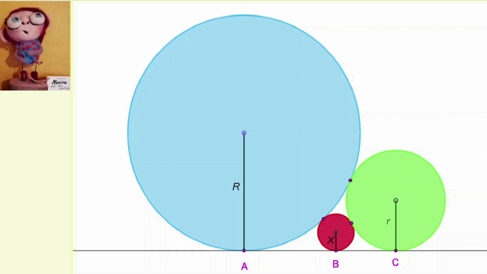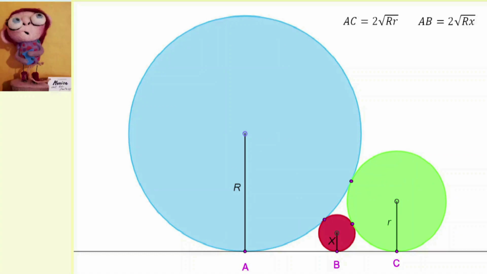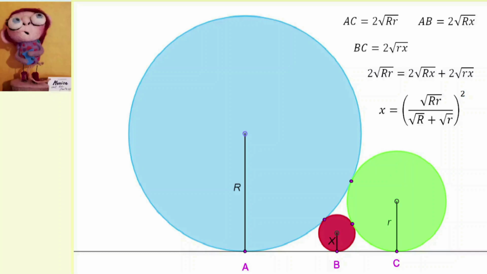And between circles with radii r and x, 2 times the square root of rx. Add them up: AC equals 2 times the square root of Rx plus 2 times the square root of rx. Now simplify. Cancel out the 2's, rearrange things, and boom, you've got the formula. Nice and clean. No messy formulas, just elegant reasoning.